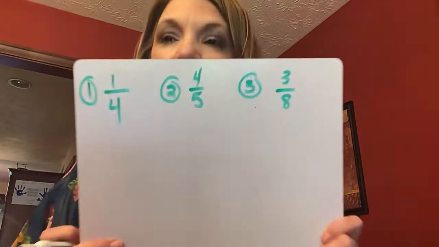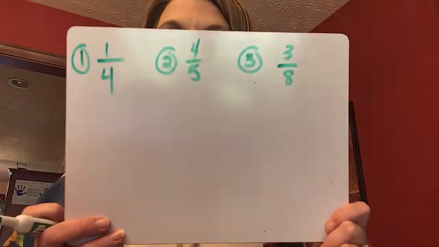And do you remember how? I wonder. So we have 3 examples at the bottom of our page. We have 1/4. We have 4/5. And we have 3/8. 3 fractions that need to be turned into decimals.